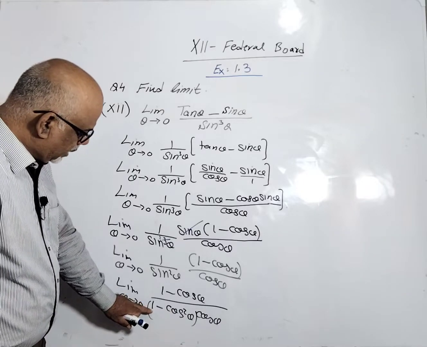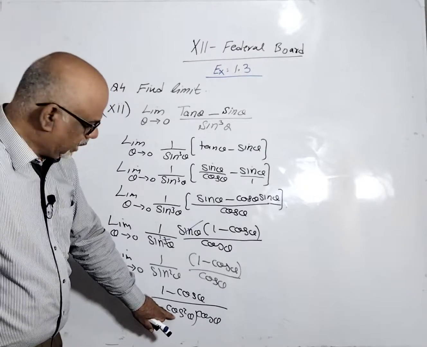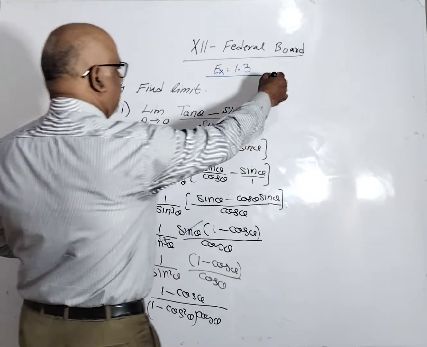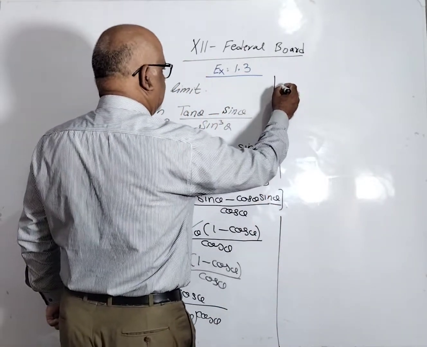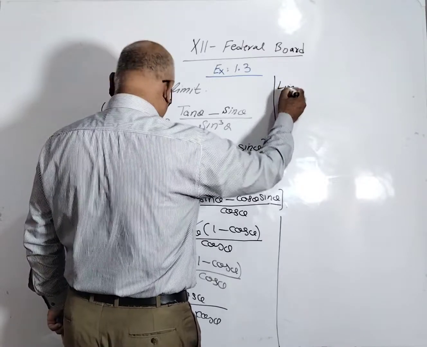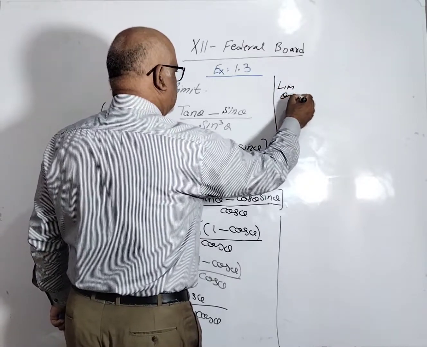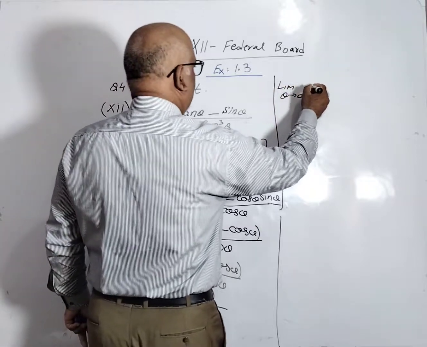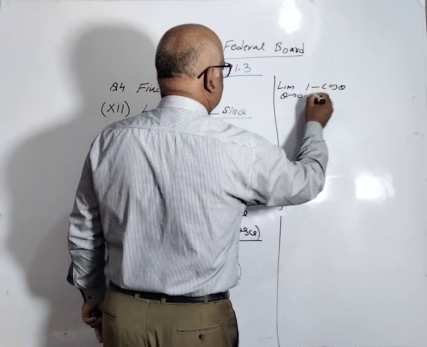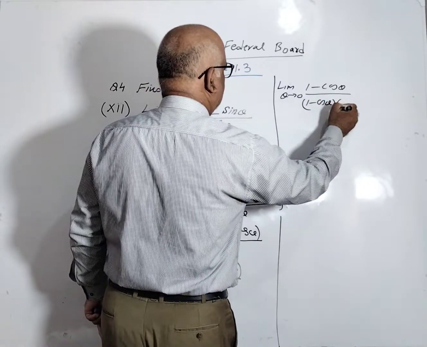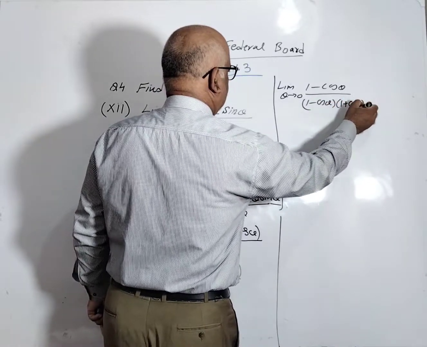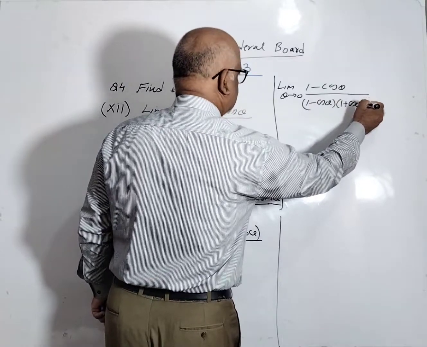So here it becomes the a square minus b square formula, which is one time positive and one time negative. So this is limit theta tends to 0 of 1 minus cos theta over 1 minus cos theta, 1 plus cos theta into cos theta.